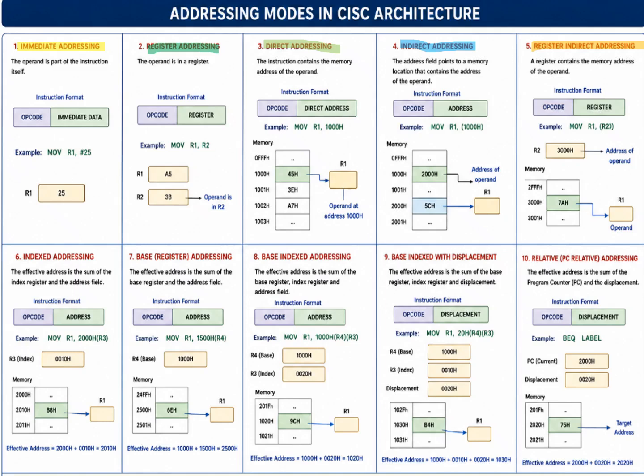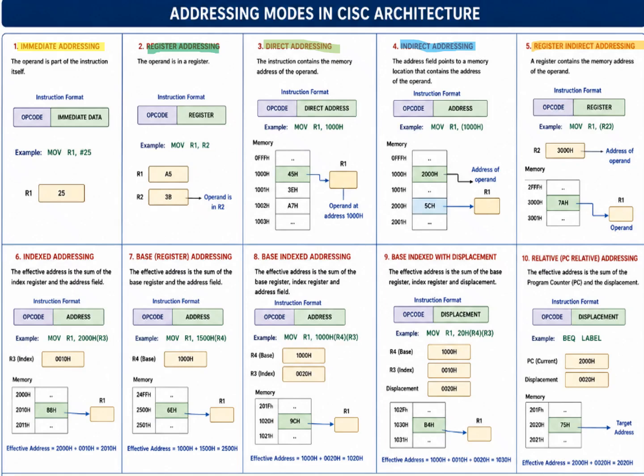Opcode and register. Example: MOV R1, R2, where R2 has 3000H. So what is the operand here? 3000H has 7AH. So that is the operand, and it is moved to R1. Okay.